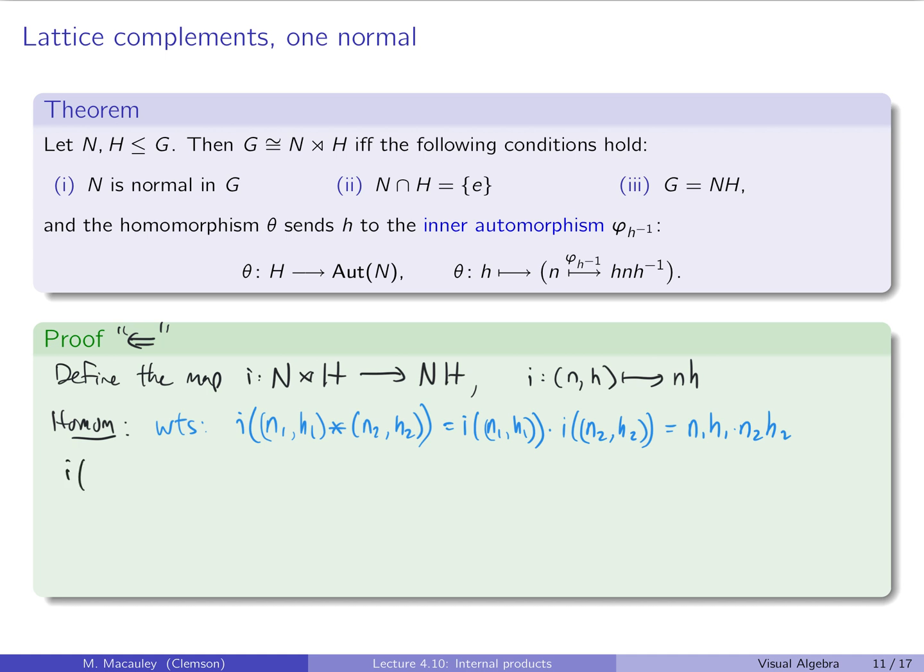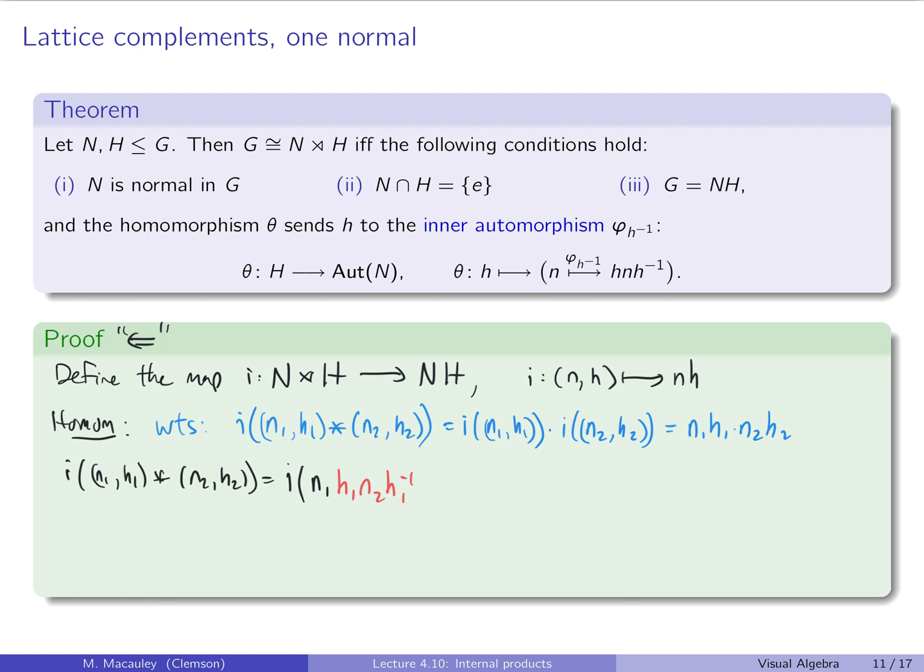I of (N1, H1) star (N2, H2). Remember how this is defined? Well, this is I of N1 times H1 N2 H1 inverse.